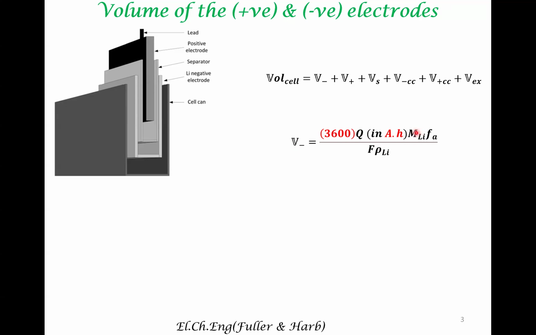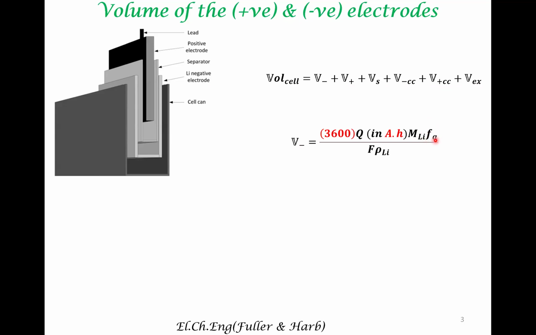So this is the mass of lithium that is required to meet a specific capacity, because this forms in a way the current collector too. We cannot allow for the lithium to get exhausted. So over and above what is required for a particular capacity, you have some additional lithium that is given by this.